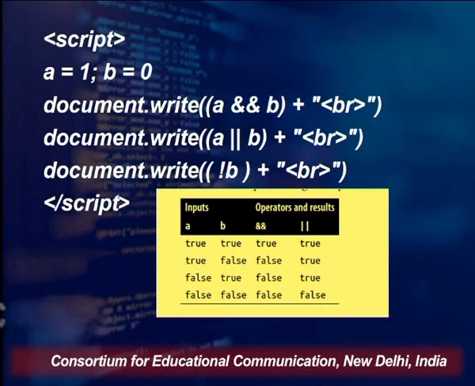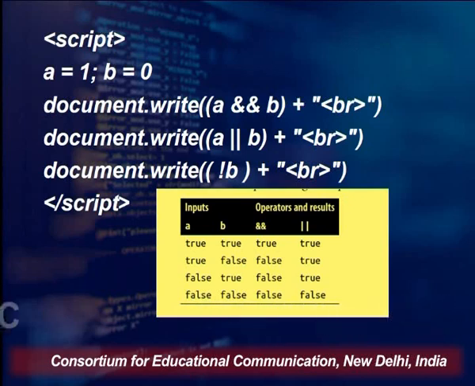In the next line we are writing A or B. So A or B means that even if one of A or B is true, it will return a true. Because A is equal to 1, it is going to return a true. And in the third statement we are writing document.write not B. Since B is false, this is going to return a value true, because not false is true. So the output will be false, true and true.